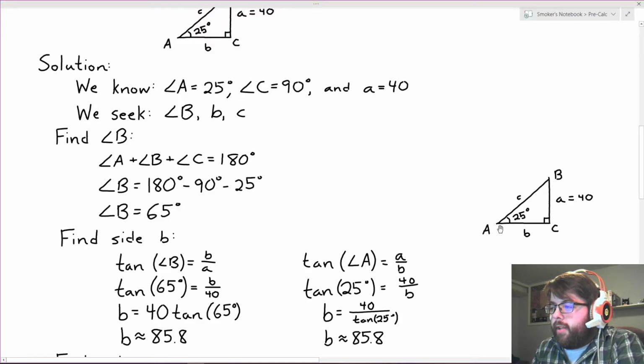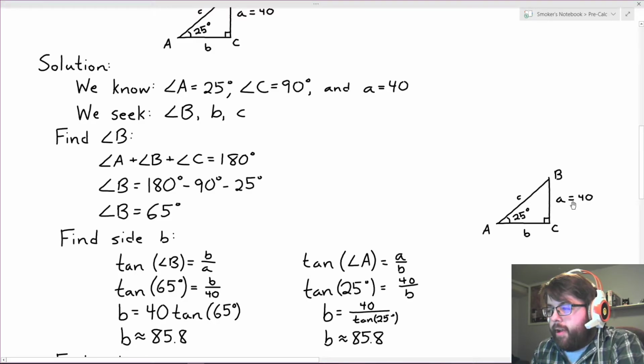Alright, so to find side B, let me switch back to the hand. If I know angle A and angle B, there's two different ways I can approach this, knowing side A. Okay, I know side A. So if I'm going to use angle B, which is found to be 65, I will have to do opposite over adjacent.